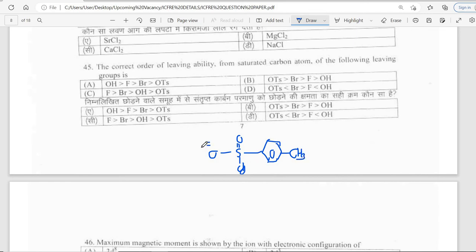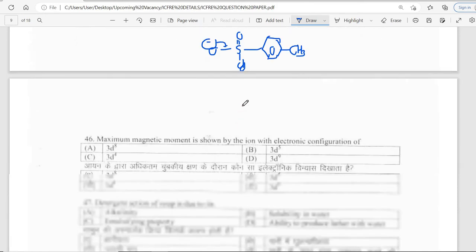After leaving, the O minus can resonate, and also the sulfur's vacant d orbital is there, that's why it is stable. So OTs would be the highest leaving group, and OH minus the least leaving group. Only one option has OTs as the most prior, so option B is the correct one.